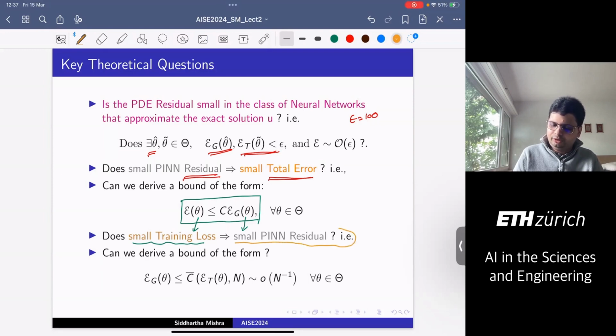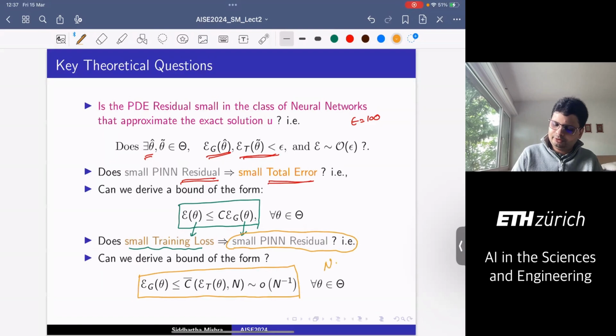This will be true if you have a bound which looks like this, where n is the number of quadrature points.